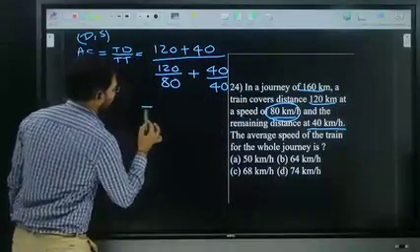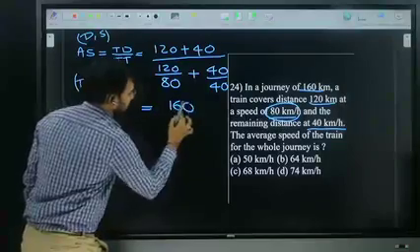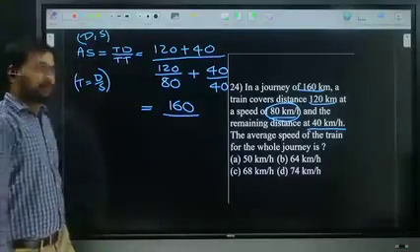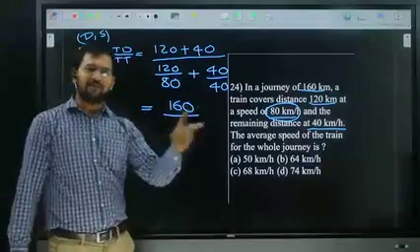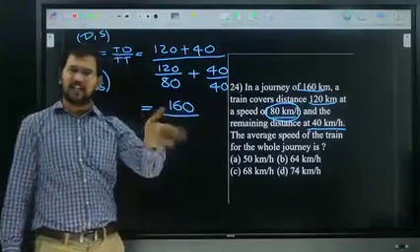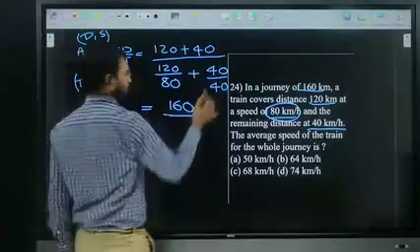Look at me: 120 by 80 is 1.5. 80 ones are 80, half of 80 is 40. 1.5 plus 1 is 2.5.